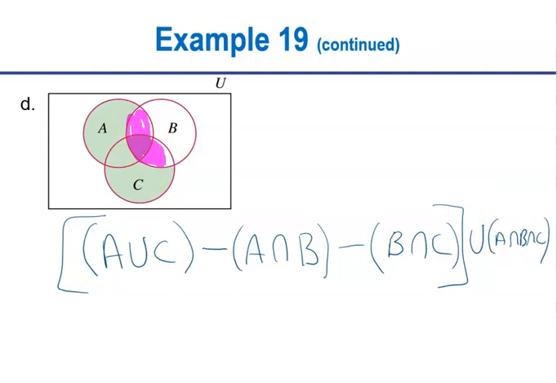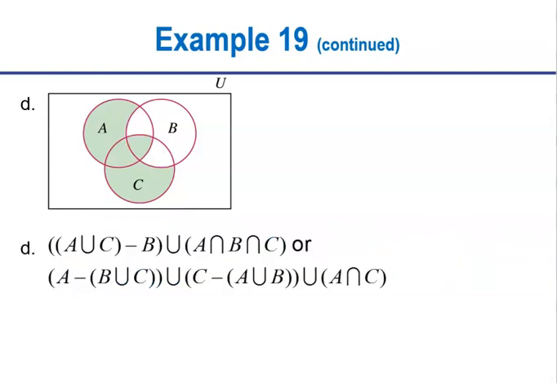Now I'm going to look at their results and compare. They easily have this far more simplified than what I have. All right, so let's talk about it. The first one's A union C, and they difference B out.